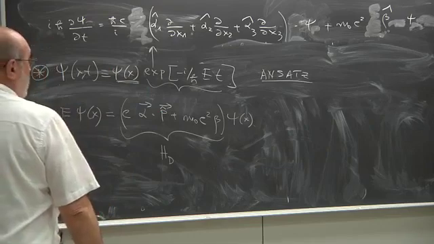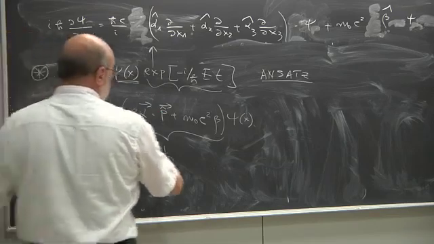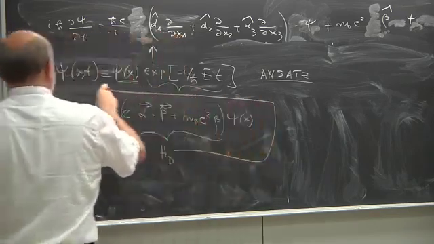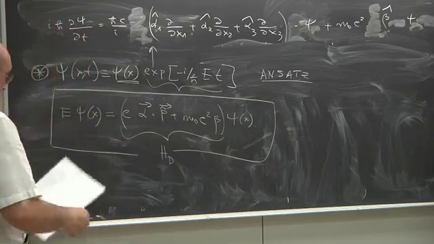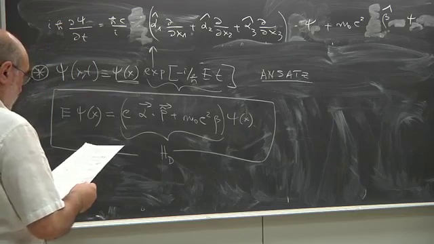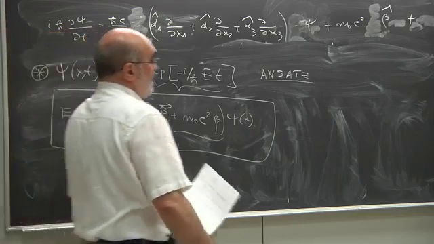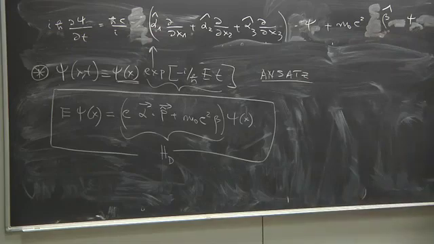And then this is the stationary Dirac equation, like you have the stationary Schrödinger equation. This is the stationary Dirac equation. Now remember that psi was a four-component thing, psi 1, psi 2, psi 3, psi 4, because we chose n to be 4.